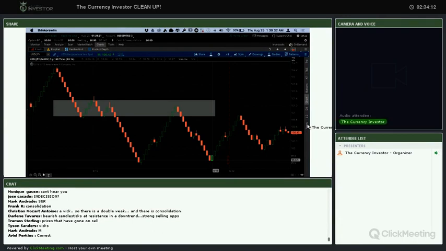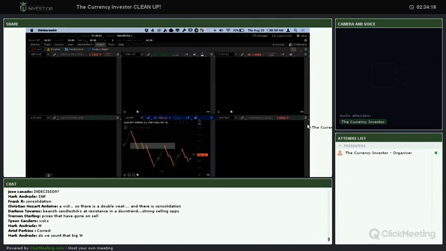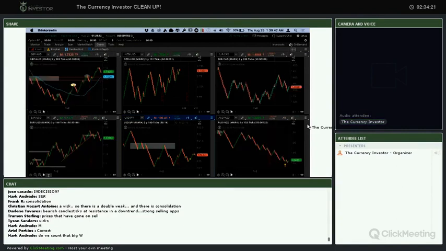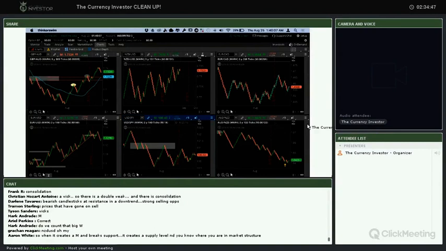If I'm looking at a chart and I've got like 6 charts up, I see anything with an M, I'm looking for patterns. Oh yes, this is looking like it's primed to sell.